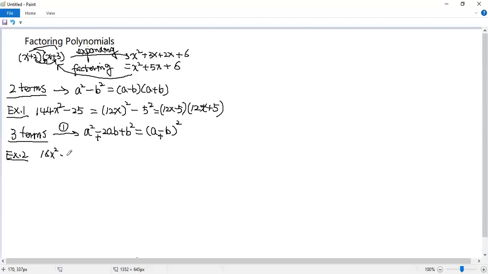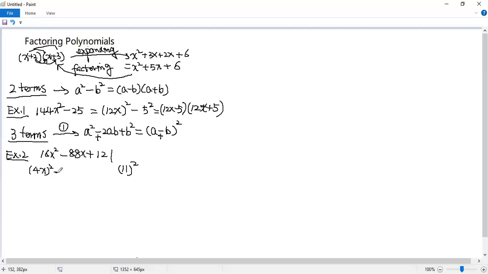16x squared minus 88x plus 121. The first term can be written as (4x) squared. The last term can be written as 11 squared. In order to apply this formula, we need to check if the middle term can be written as 2ab.